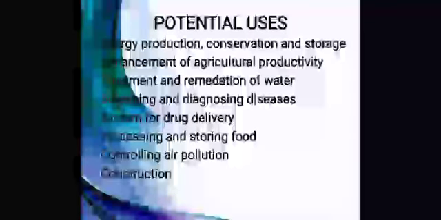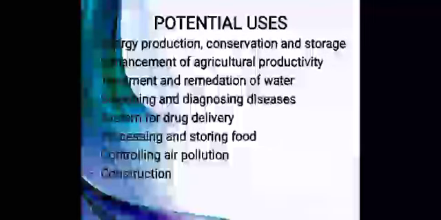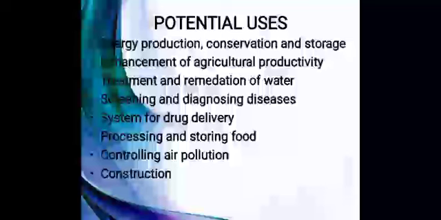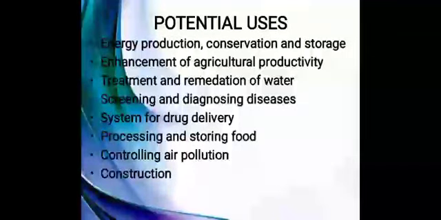Okay? So next, construction. Imagine even in construction we use nanotechnology and nanoscience. What are examples of that? We have nanotubes. Their use is to change the elasticity, strength and conductivity of materials used in construction.